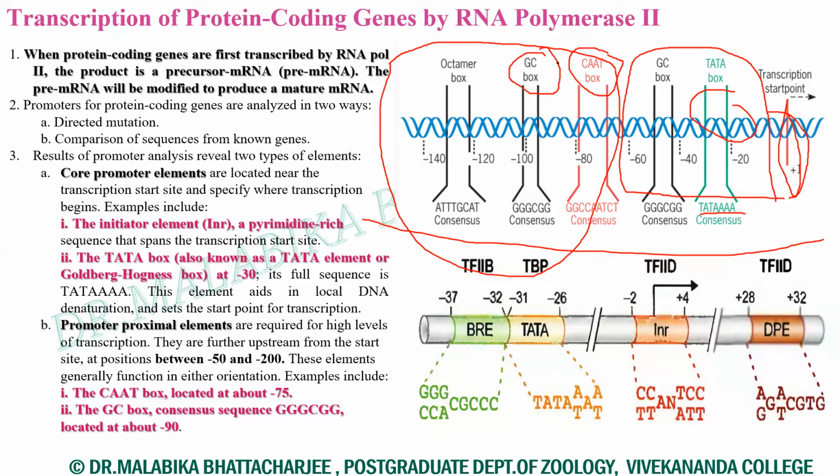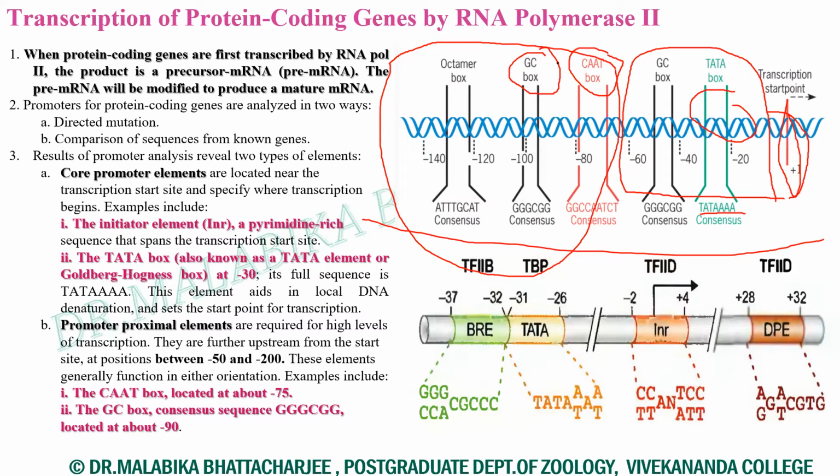When we discussed the promoter elements of prokaryotes, they were simple: there was a -10 region and a -35 region. Compared with that, in eukaryotic promoters, from +1 upstream to 200 base pairs, the promoter elements are spread out.